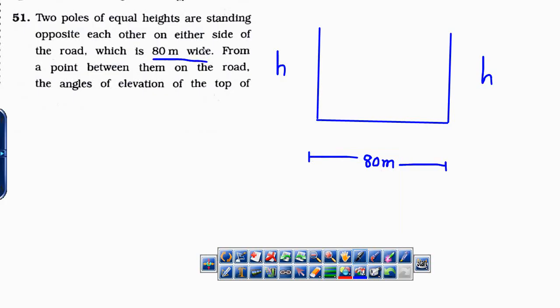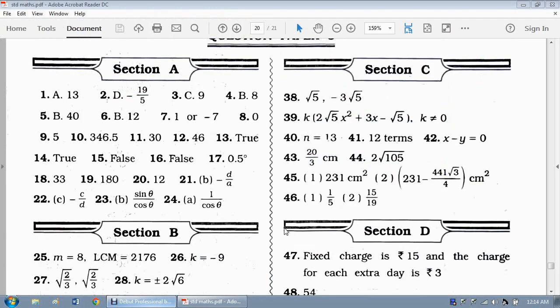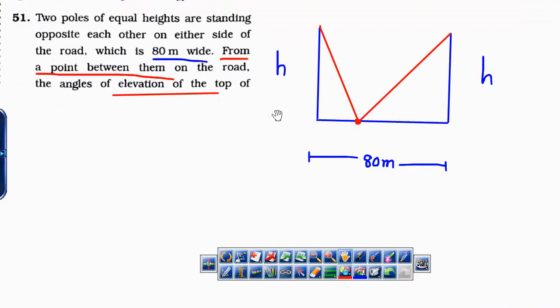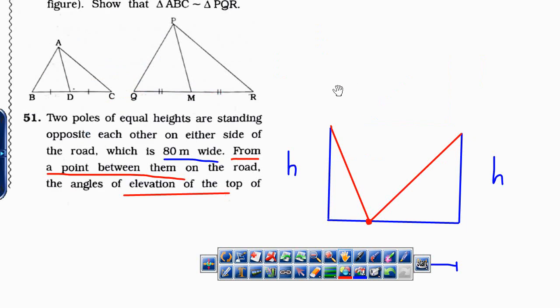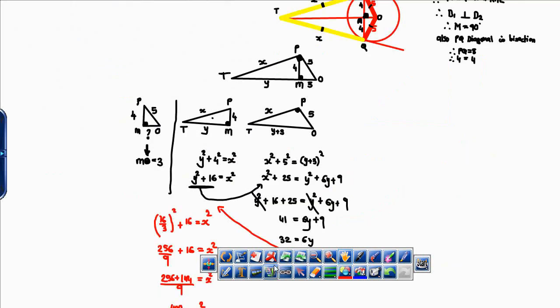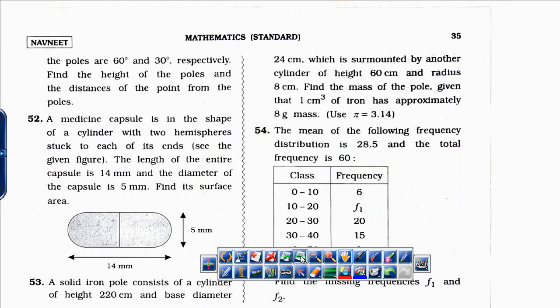From a point between the poles on the road, the angle of elevation of the top of the two towers, when seen from this point, is 60 and 30.